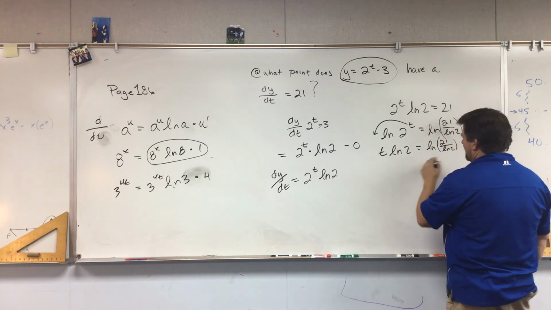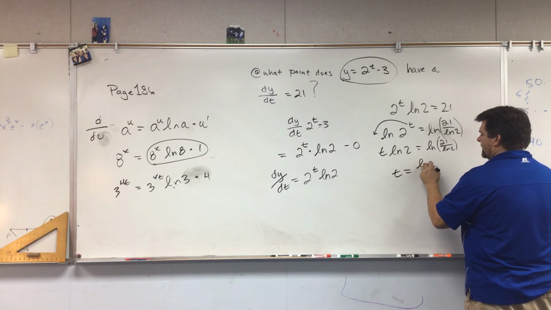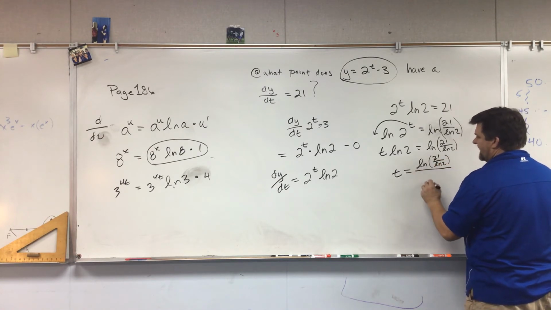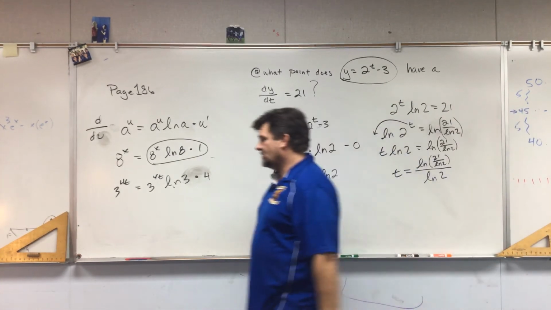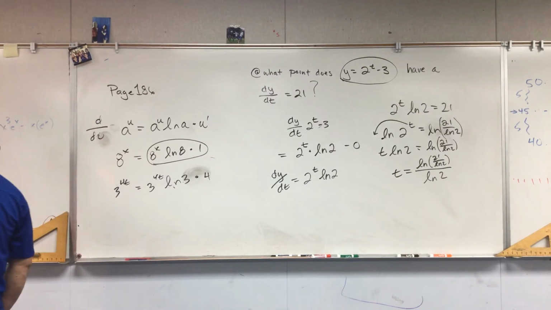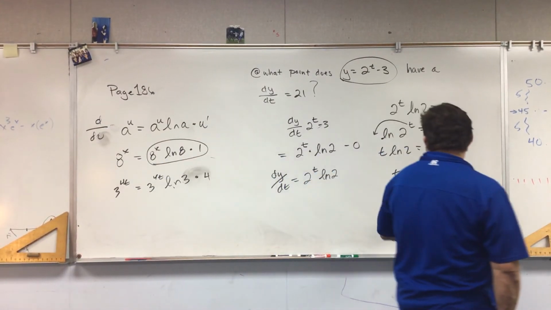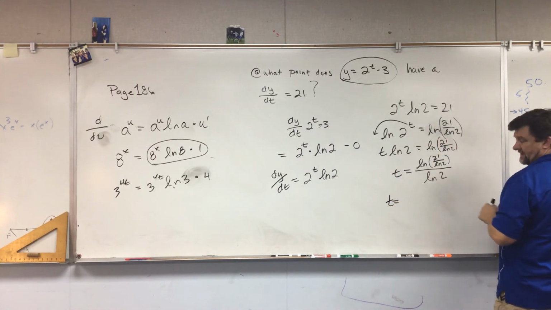Divide both sides by that, gives me t equals the natural log of the natural log of 21 divided by the natural log of 2, all divided by the natural log of 2. And then from there, you can plug that into your calculator, or you can expand it or whatever. If you guys want to keep going with this, let's just practice our properties.